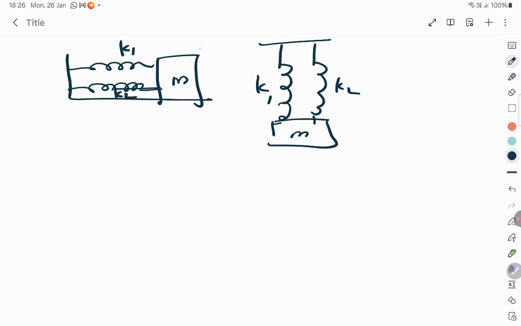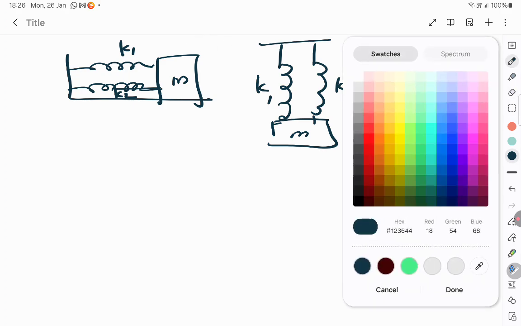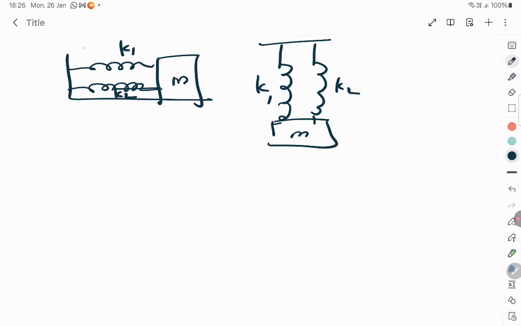So in this, supposing you apply a force and displace it from the mean position, so that you're trying to see how it's going to oscillate. You know that both of them will move through the same distance L. The distance through which it's moving will remain L, correct? So then the force due to the first one is k1L, and the force due to the second one is k2L. Of course, with a negative sign, because you're talking about a restoring force.